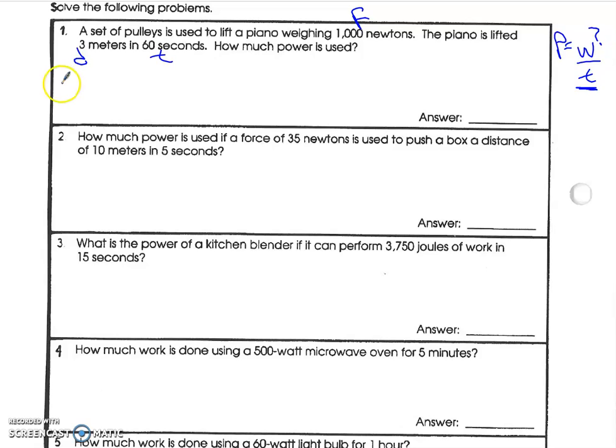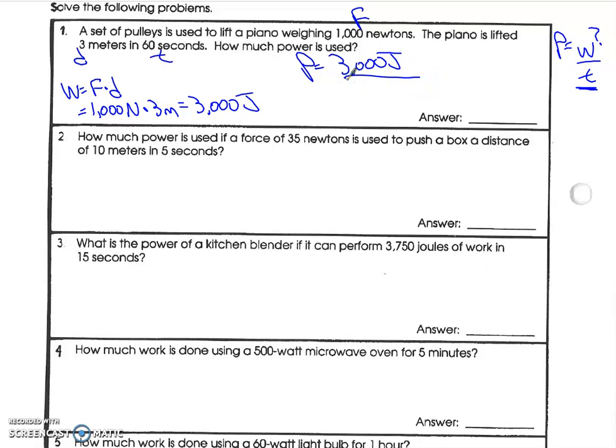So what I have to do is use the equation for work, which is force times distance. The force was 1,000 newtons. The distance was 3 meters, so I'll get the units of newton meters. So in terms of work, it was 3,000 joules. So now power I can do. It's work divided by time, so it's that 3,000 joules divided by 60 seconds.